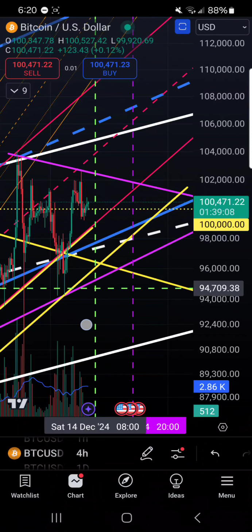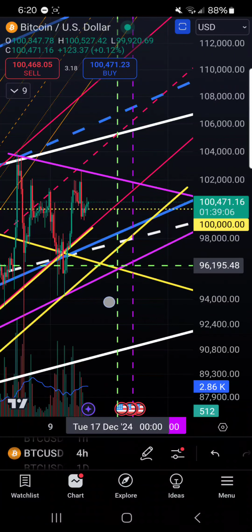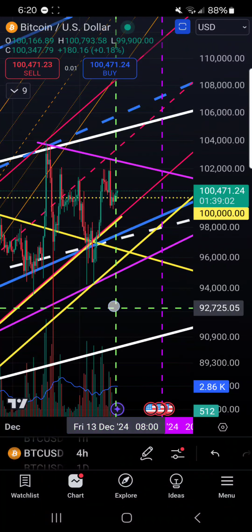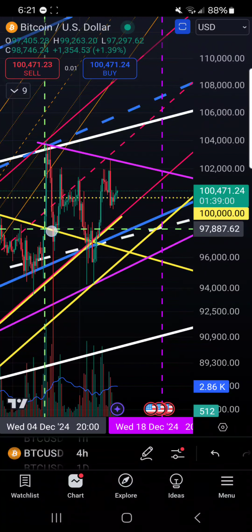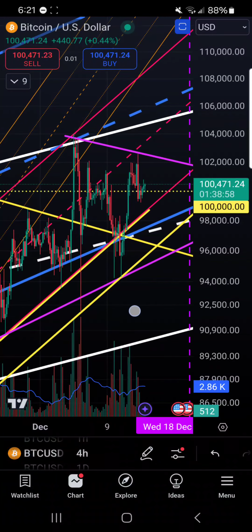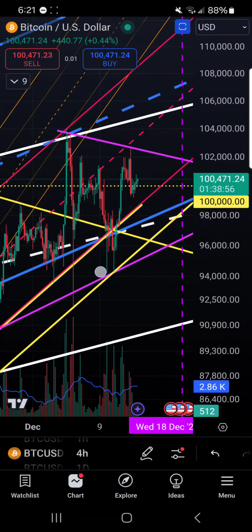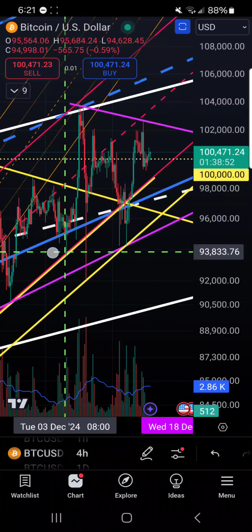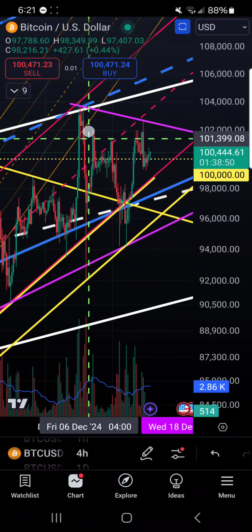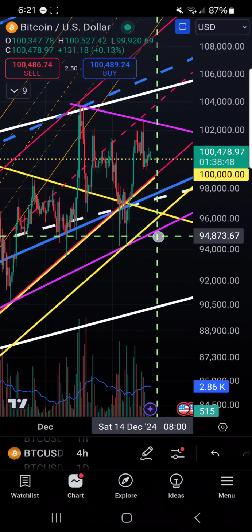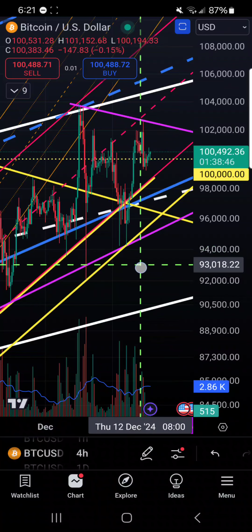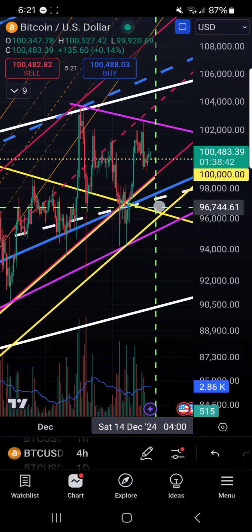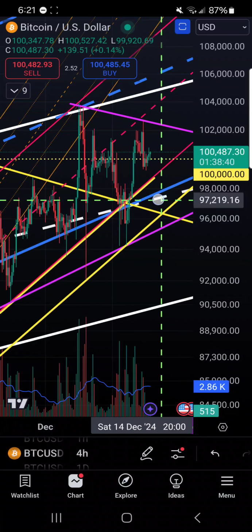But the alternative is, and we do kind of want to stay above this yellow line here because it's the resistance support line, the top of our previous triangular consolidation back here. We broke out above. We did fall through it a little bit here, but we're back above it.